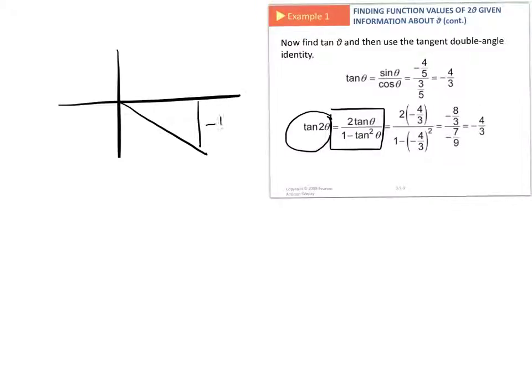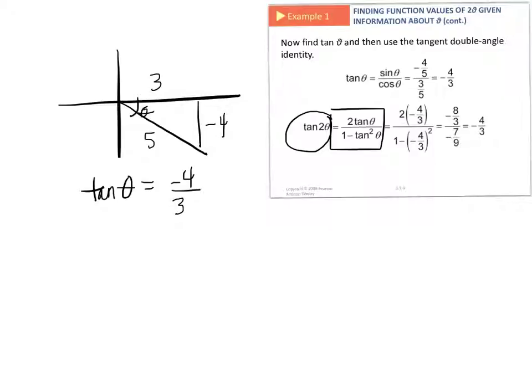Alright, so we're using our equation here. Now if we remember our triangle, we can easily find theta. Okay, so we had negative 4, 3, and 5, because it's a 3, 4, 5 triangle. And so we know that tangent of theta is equal to opposite over adjacent.